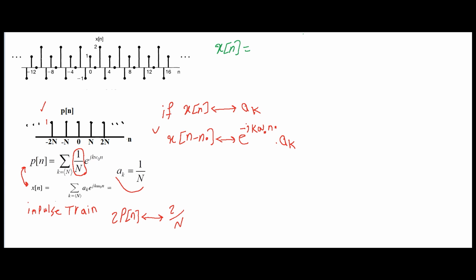In this signal, we have 3 impulse trains.